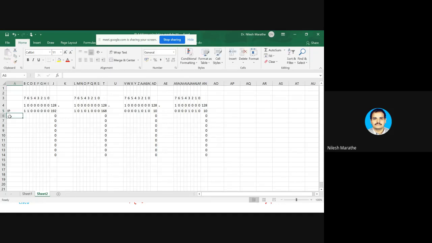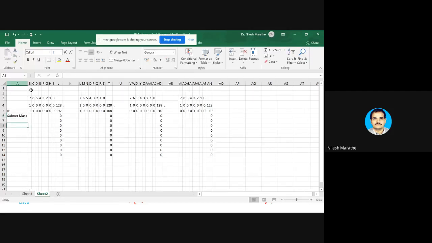Right? Its respective subnet mask. Whenever we want to find its respective subnet mask, let's suppose all are written as 1.